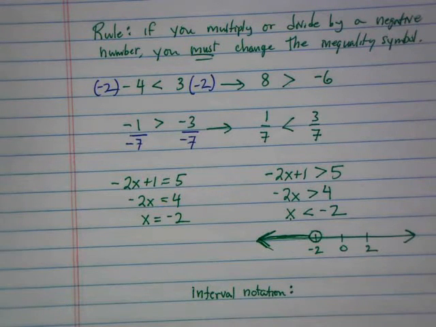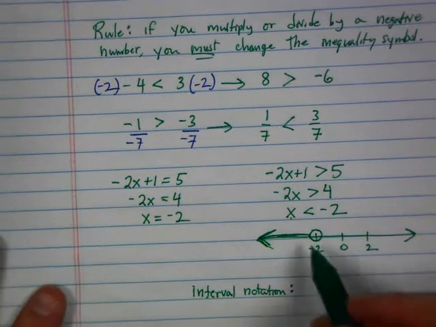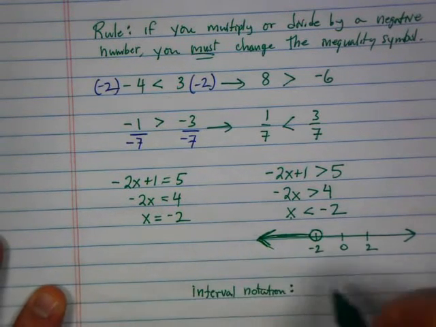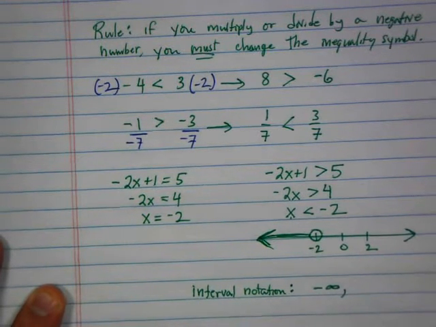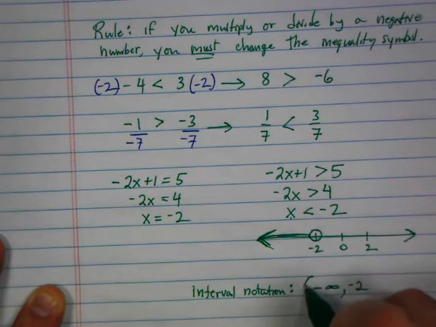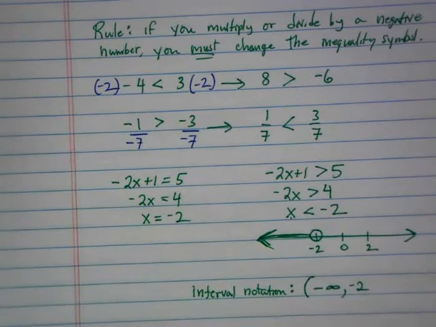What's the smallest thing? Indefinite. So what would we write? Negative infinity, going to the left. So our smallest thing, this one goes all the way forever to the left, so that's negative infinity. And then how far to the right do we go? -2. We stop at -2. Infinity and negative infinity always get a round parenthesis.